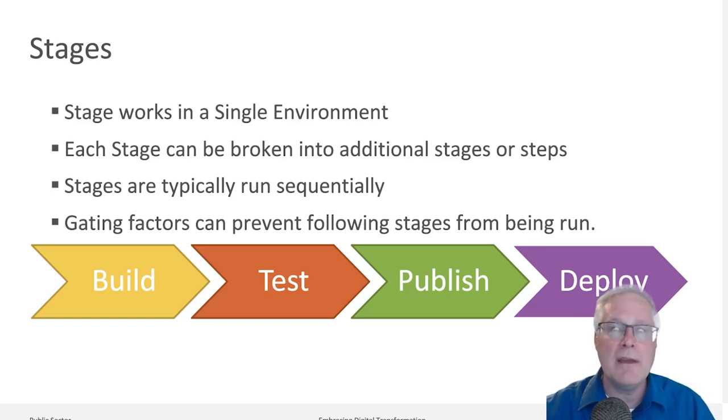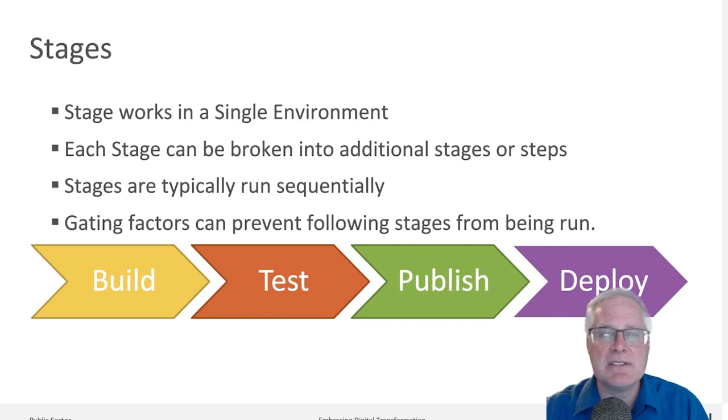And when all of the steps that are run for that stage have passed, I can put a gate on when things move beyond my build stage, for example. Typically, these are waterfalled very easily. A build happens, it builds clean. Now I'm going to push it on to test. And a test stage works. Now I'm going to push it into a publication stage and then onto a deployment stage.